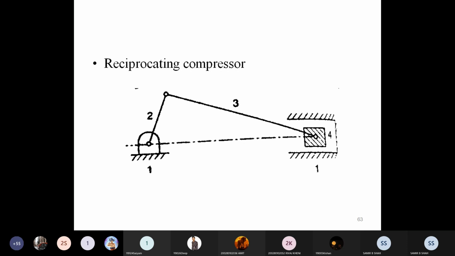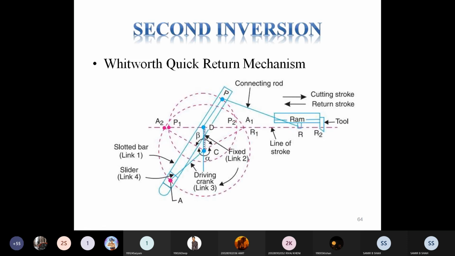So this is the first link, which is considered a fixed link, the cylinder. Then this is the second link, called the driving crank. The third link is called the connecting rod, and the fourth link is known as the slider or piston. Very important.